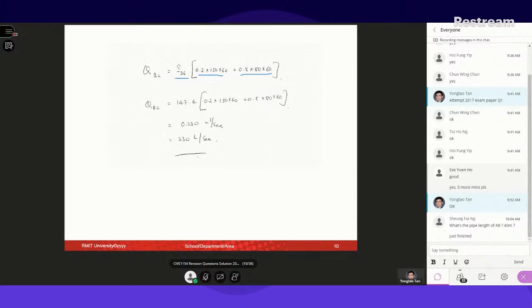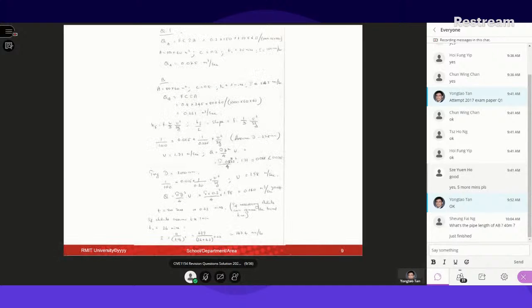Actually, this question is asking to estimate the flow in pipe BC, not to determine the pipe size of BC. If you are asked to determine the pipe size of BC, you can see that with diameter 300 the capacity is 0.14.